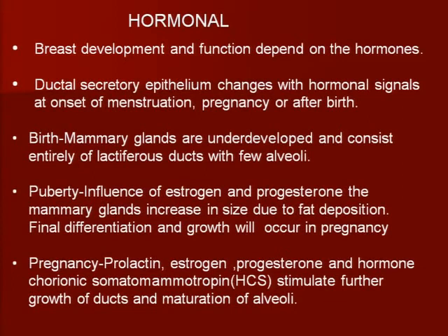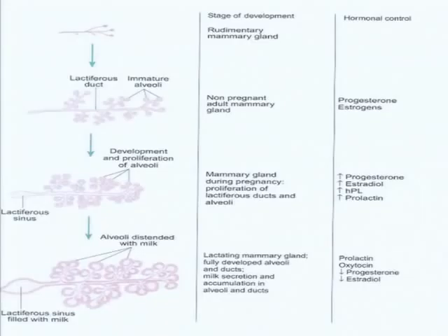But it's not until pregnancy that they actually differentiate and finally grow, because not only do you have estrogen and progesterone, you have HCS and you have prolactin, and all of this further stimulates the growth of the ducts and maturation of the alveoli. So you can see this lactiferous duct at birth, few alveoli, then puberty, they mature.